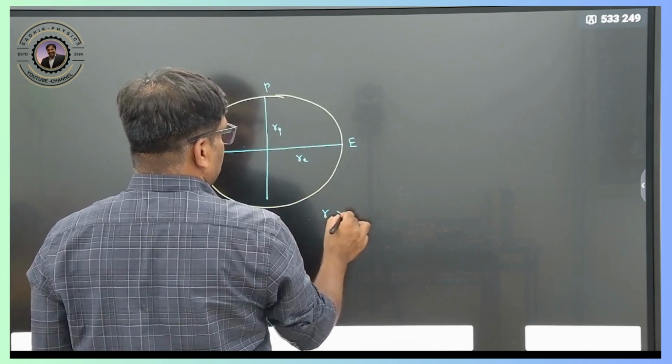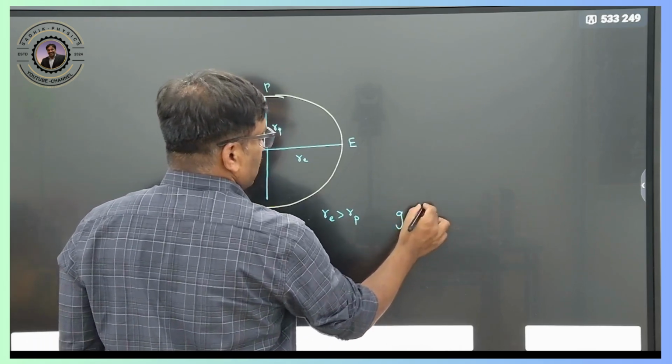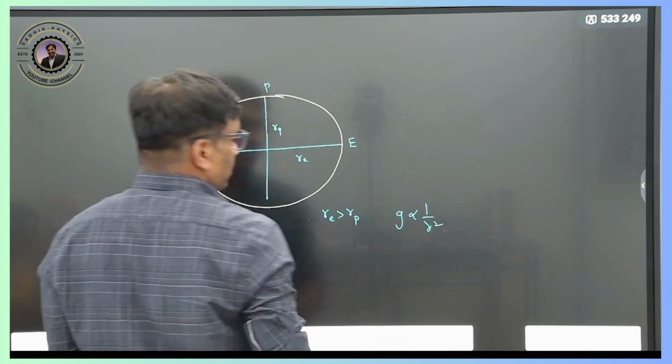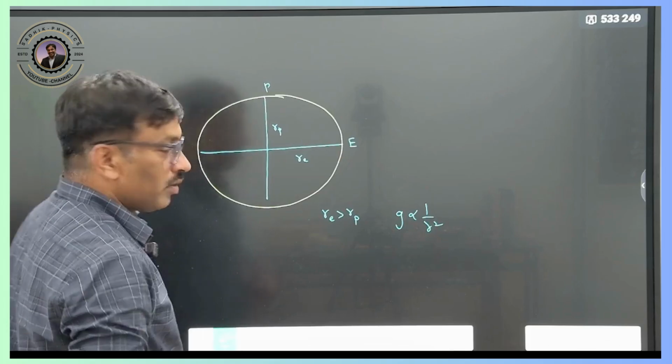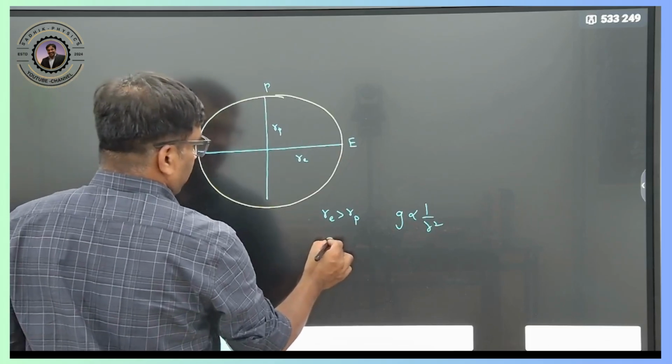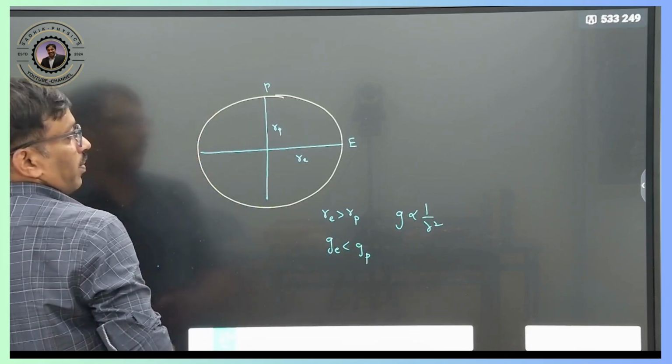The radius at the equator is larger than the radius at the pole. What about the g value? The g value is inversely proportional to the square of the radius. Since the radius at the equator is larger, the g value at the equator is smaller than the g value at the poles.